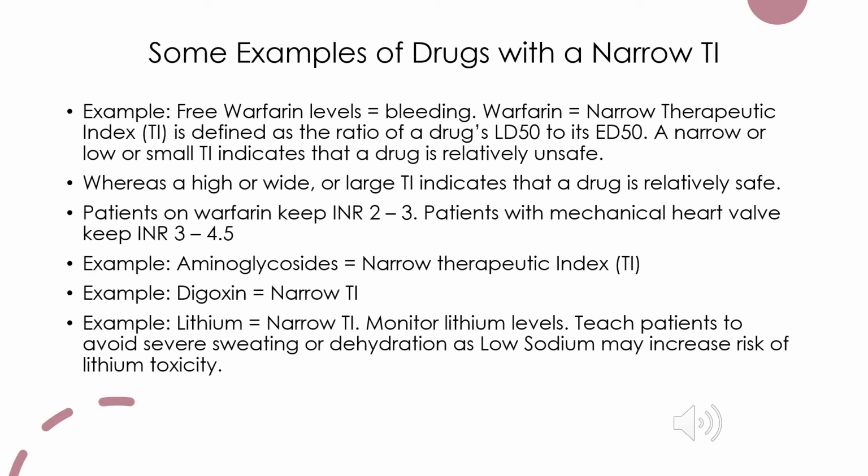So the lithium level should be between the ranges of 0.8 and 1.2 milliequivalent per liter initially, and then once they're on this drug and when you monitor, then preferably they want to keep the range a little bit closer to 1 milliequivalent.